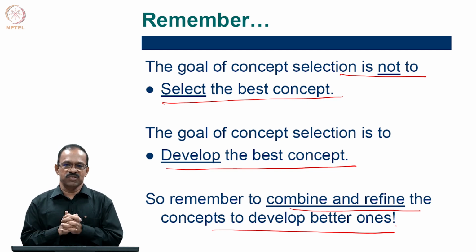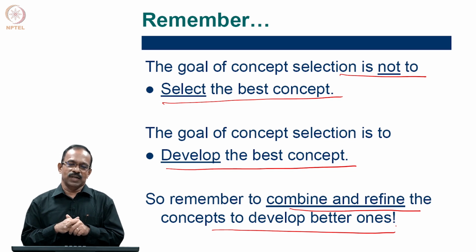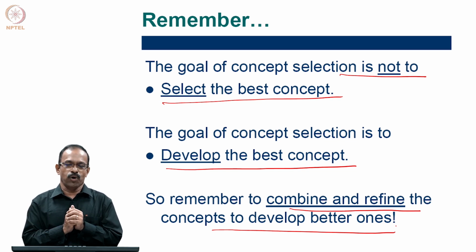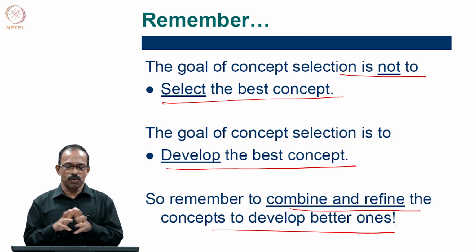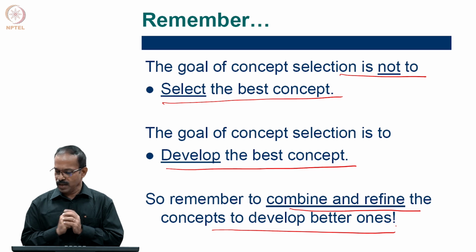Of course, we will not be discussing that in this course, and in order to understand the embodiment, you need to have more knowledge about the analysis of products for strength and other aspects. So, we will not be discussing that in this class. Okay.